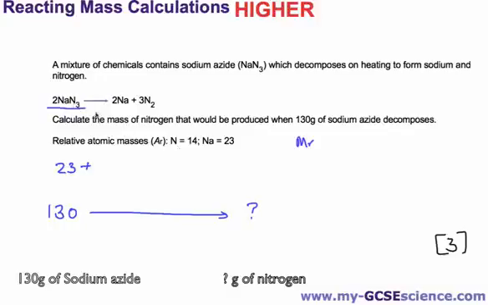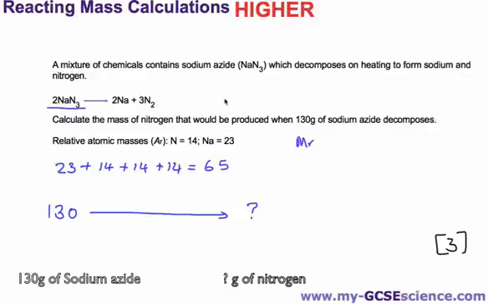we have 3 N's, N has an AR of 14, so we have 14 plus 14 plus 14, and that gives us an answer of 65. But don't forget this next bit here. While we've worked it out for the NaN3, you've got to remember there are 2 NaN3.